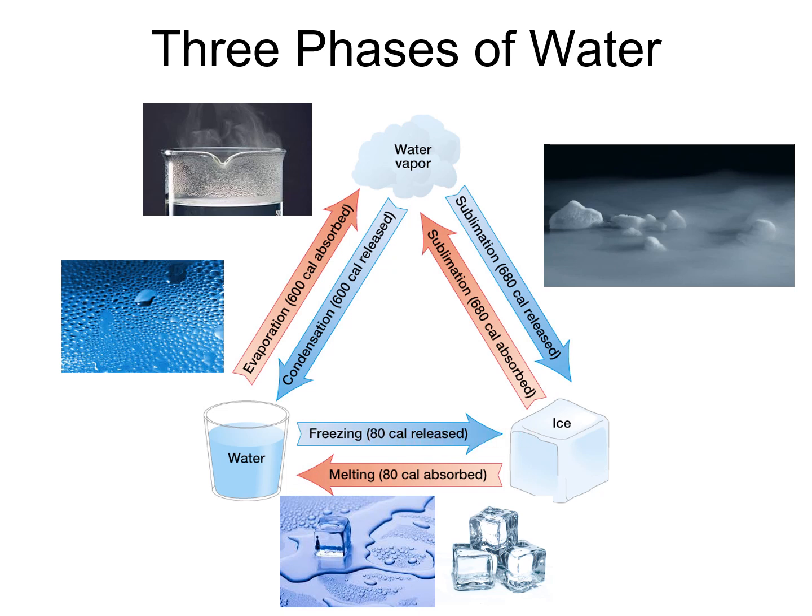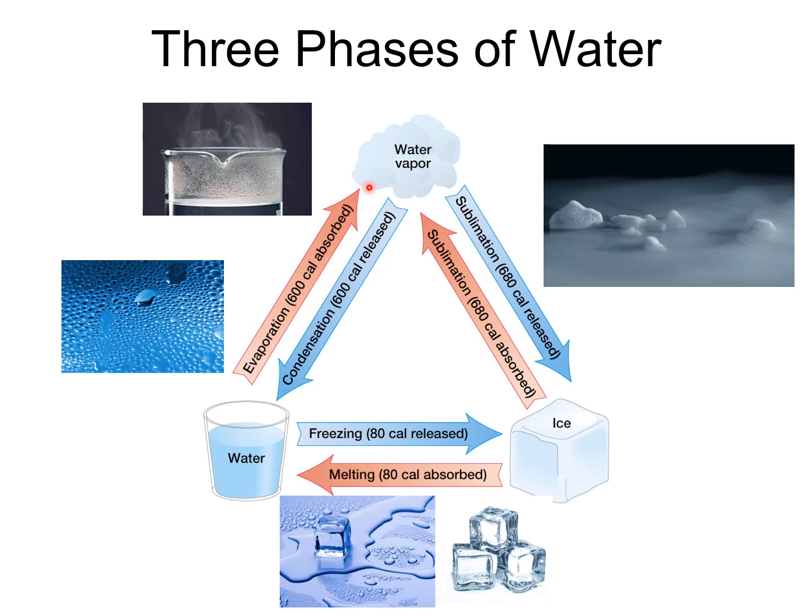Now, if we took that same water and we added more energy to the water, a tremendous amount of energy, almost 600 calories per square centimeter, we would turn that water into water vapor. That change of phase is referred to as evaporation.